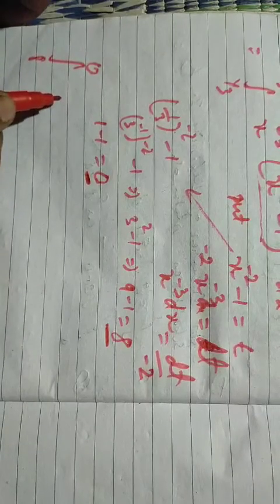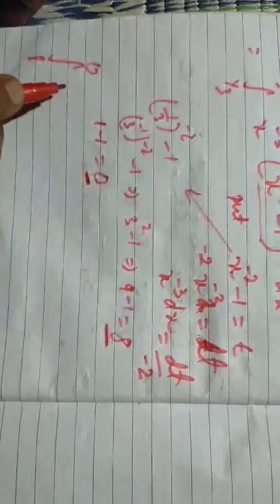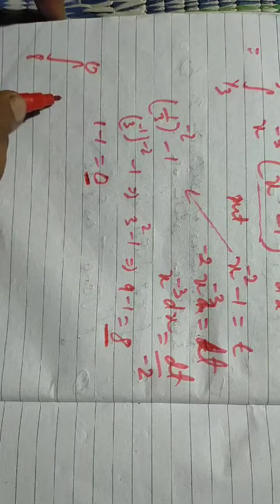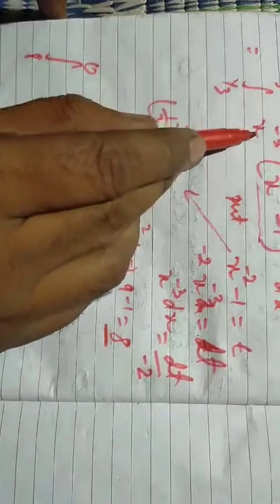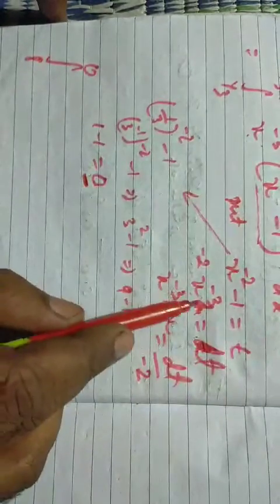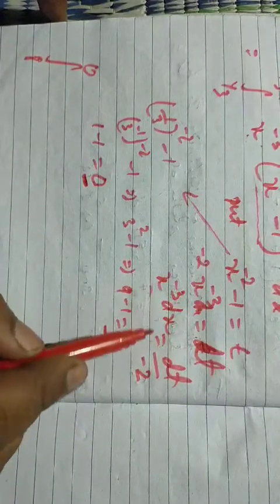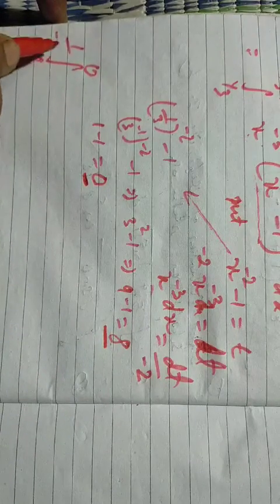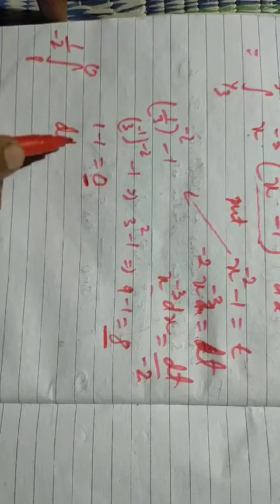Then in terms of the t variable, x to the power minus 3 dx is equal to dt upon minus 2, so minus 1/2 will be outside, and dt.